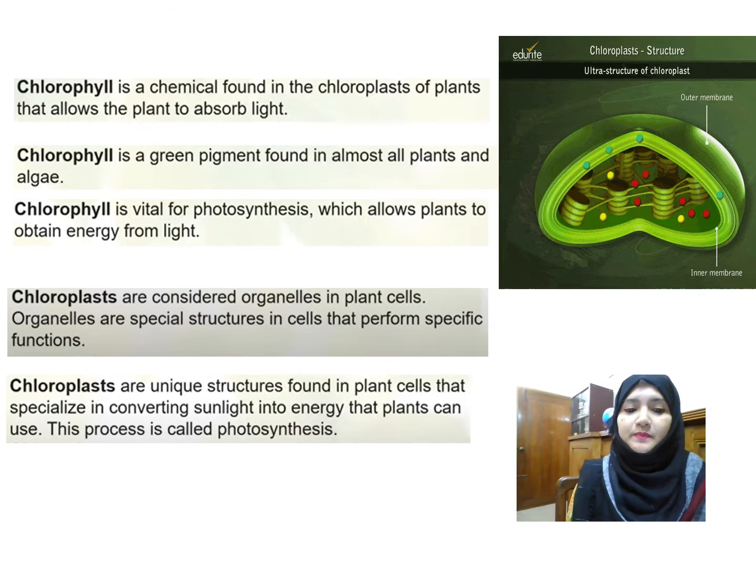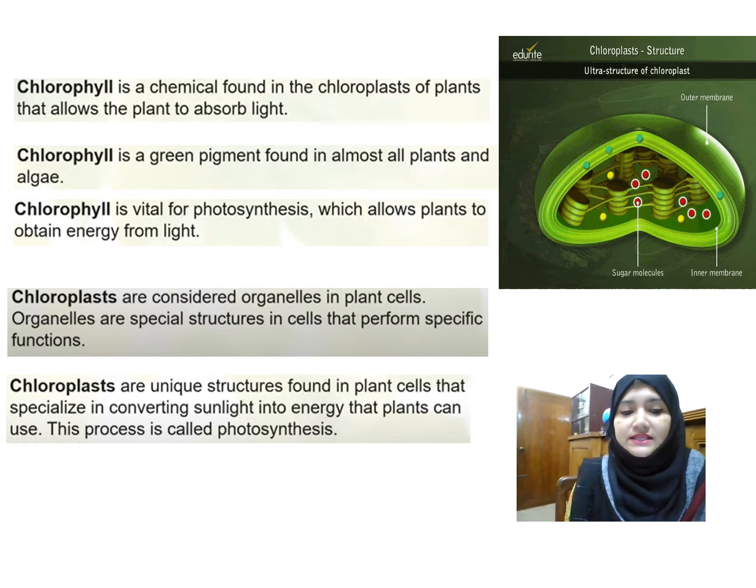Now about chloroplasts. Chloroplasts are organelles in plant cells. They are very important organelles of plant cells, and they are absent in animal cells.